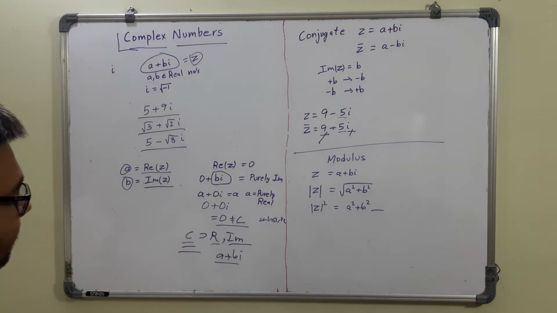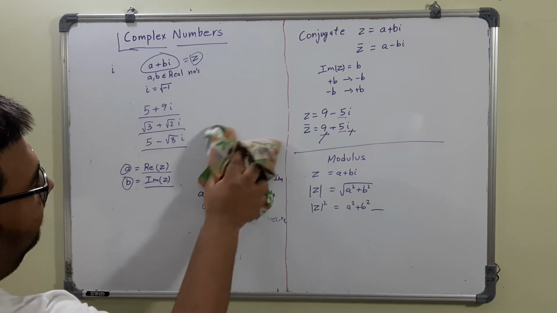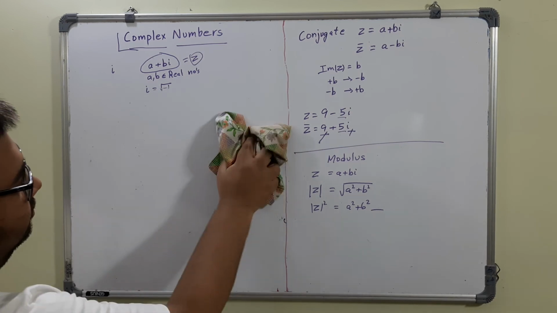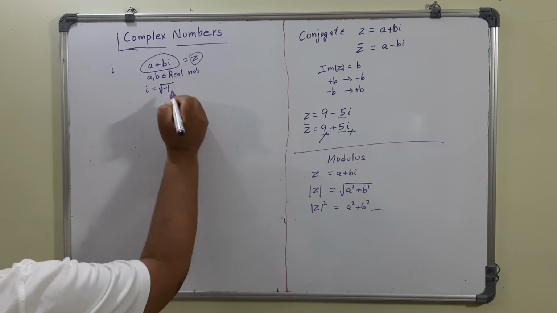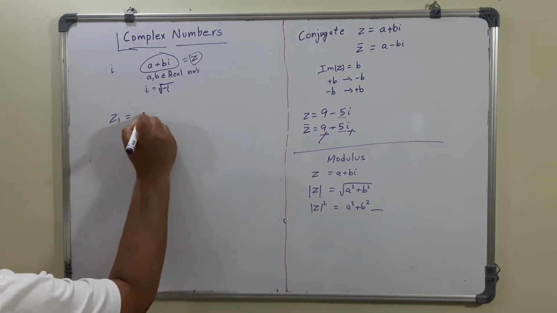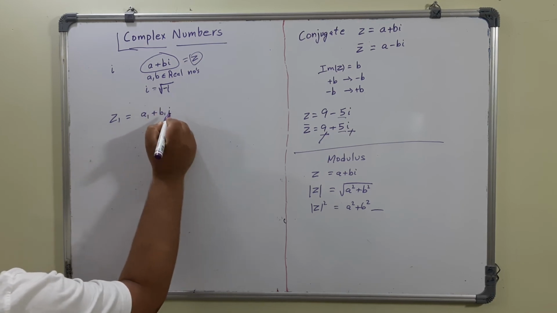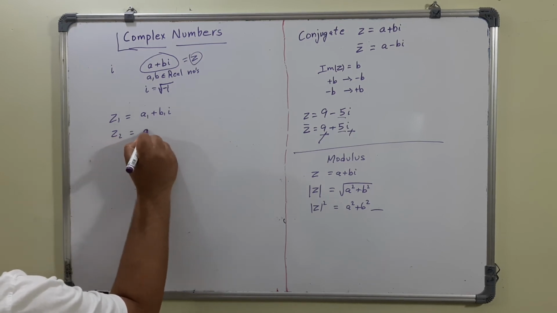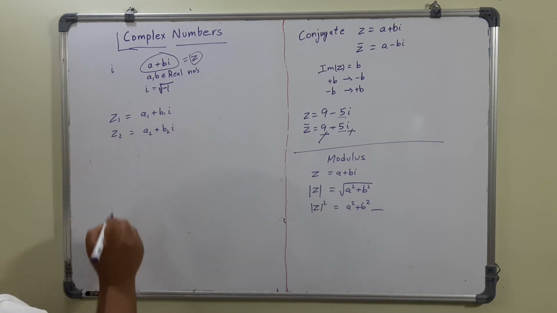Now let's say z1 is a complex number, a1 + b1i, and z2 is another complex number which equals a2 + b2i.